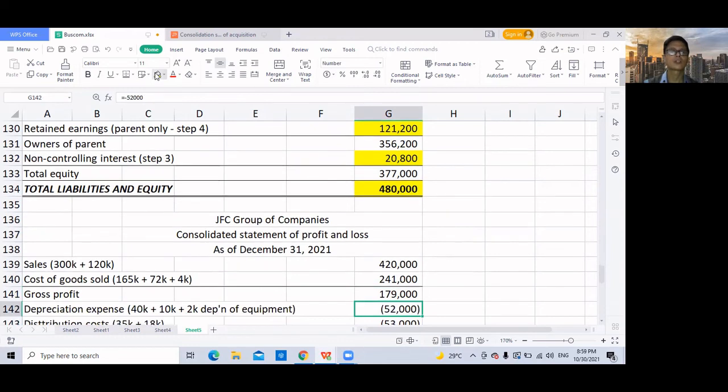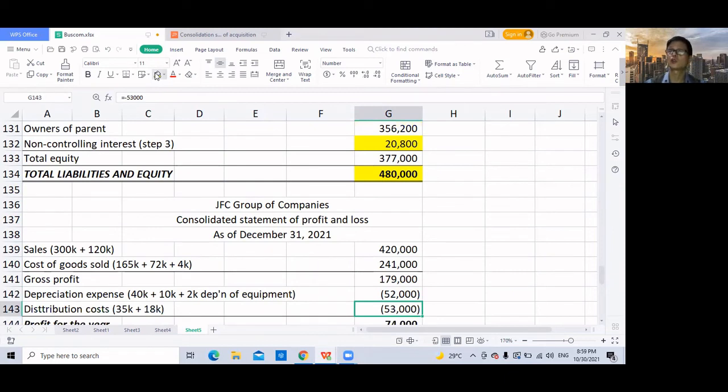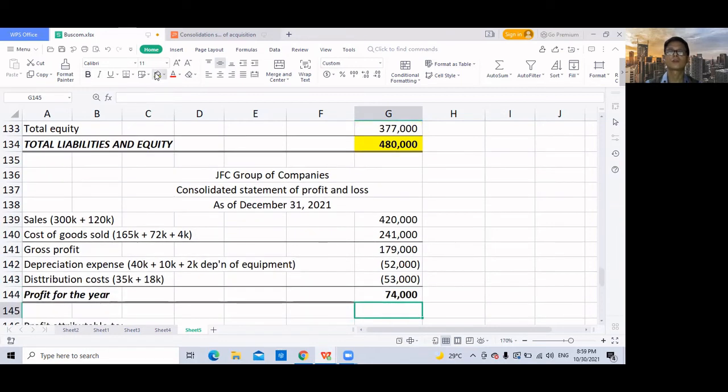After which, we deduct the depreciation expense. We combined the parent's and subsidiary's depreciation expense, plus the additional 2,000 depreciation on the equipment, so we have 52,000. Then the distribution cost did not change, so we just combined them: 53,000. And then we have profit for the year of 74,000.